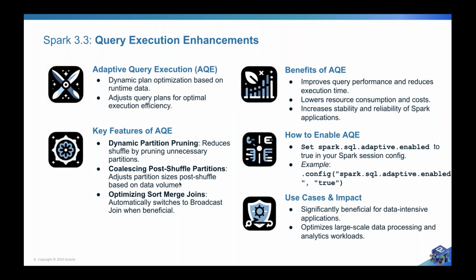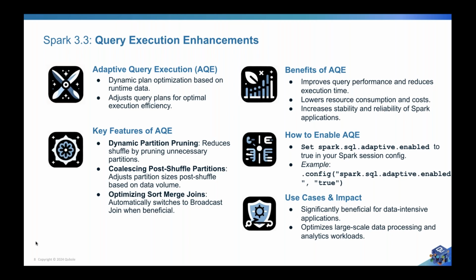Then optimizing sort merge joins, and since it is AQE, since it adapts, it will use broadcast join wherever it is possible, because broadcast join is much faster than a normal simple join. What are the benefits? Again, it improves the query performance, lowers the resource consumption, and basically improves the stability and reliability.